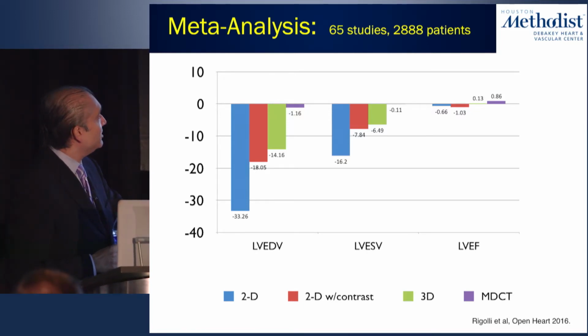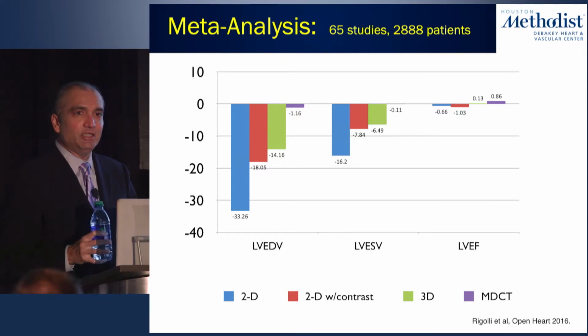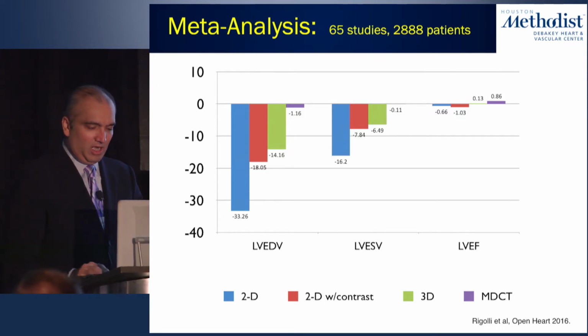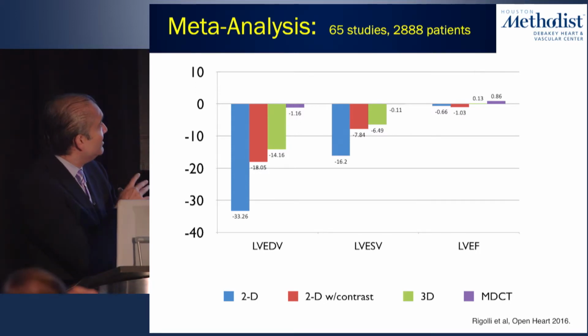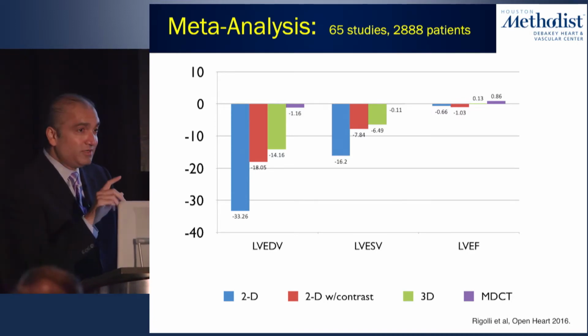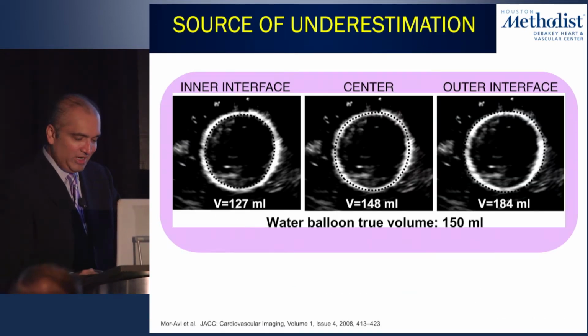And obviously multi-detector CT values correlate fairly closely with CMR. Interestingly, although end-diastolic and end-systolic volumes tend to be underestimated by echo-based techniques, ejection fractions tend to be pretty comparable across all modalities, with no negative bias.